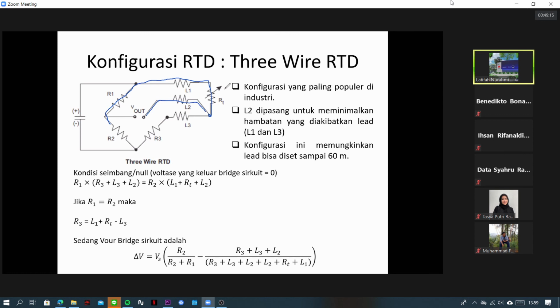Kemudian kalau kita mengukur dengan kabel yang lainnya, maka kita mengambil V out, dia terukur dari poin L3 di sini, L3 kemudian L2.